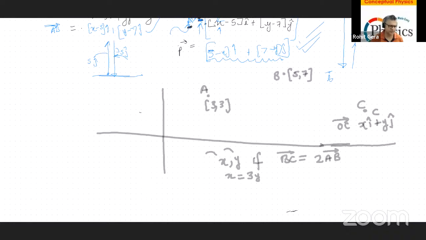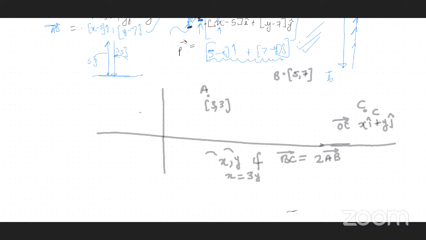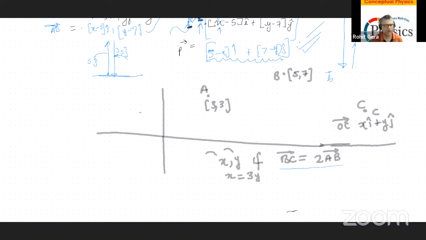These are the two conditions you are given. BC should be double of AB, and x is equal to 3y. Condition number 1, condition number 2. You know the coordinates of A, B, and C.